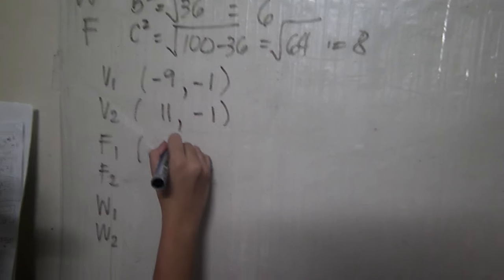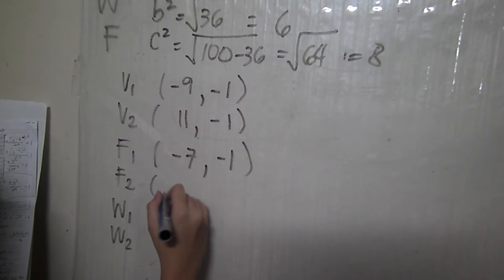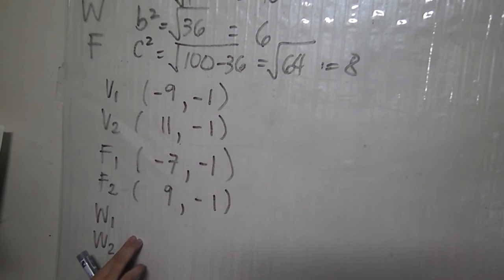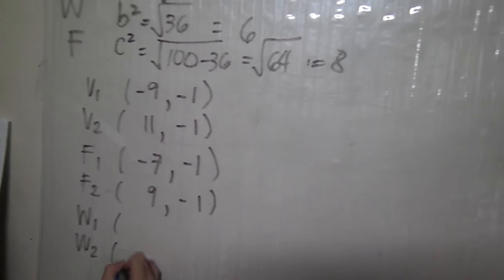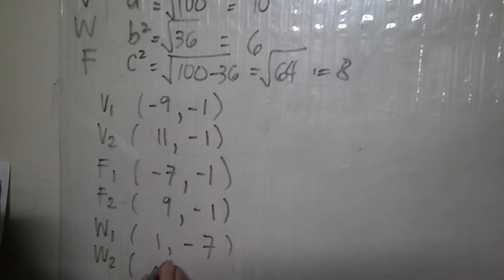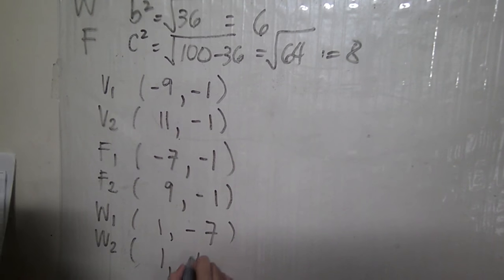Focus 1 is negative 7, comma, negative 1, and focus 2 is positive 9, comma, negative 1. The co-vertex 1 is 1, comma, negative 7, and co-vertex 2 is 1, comma, positive 5.